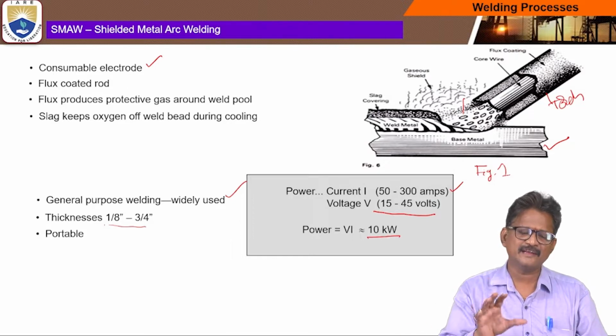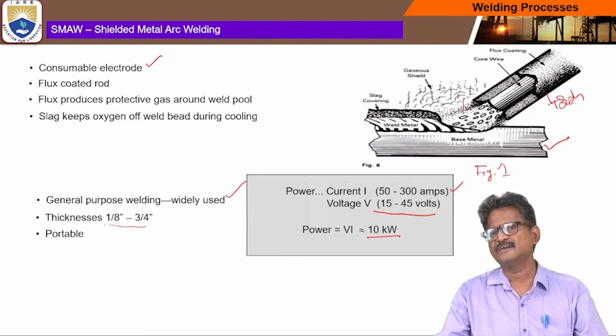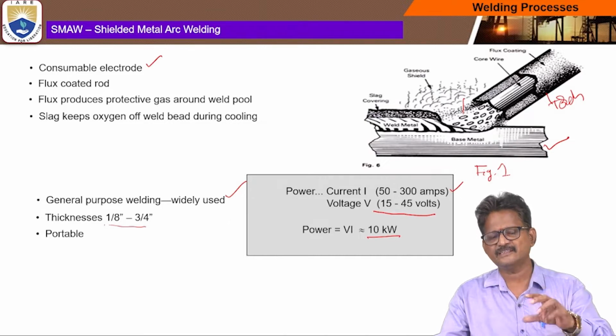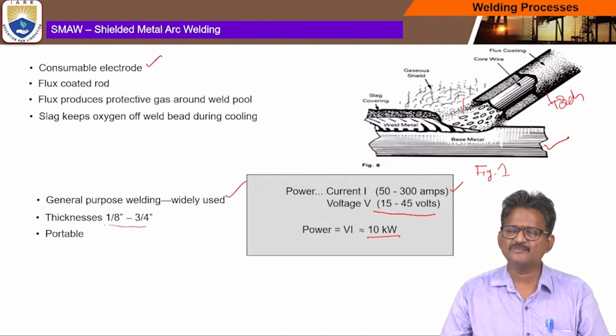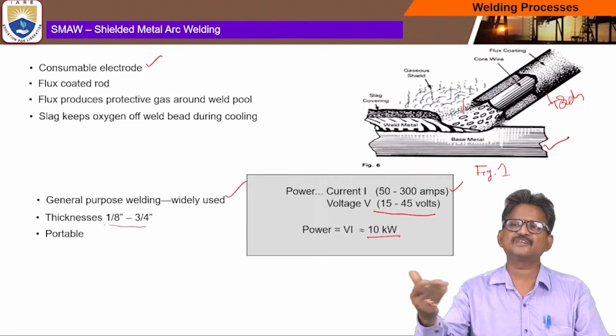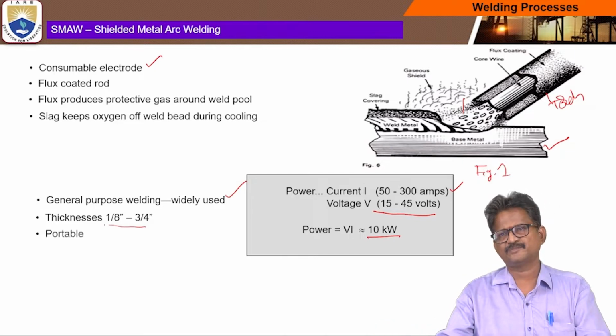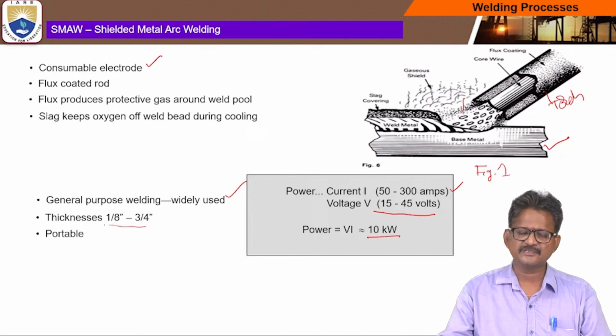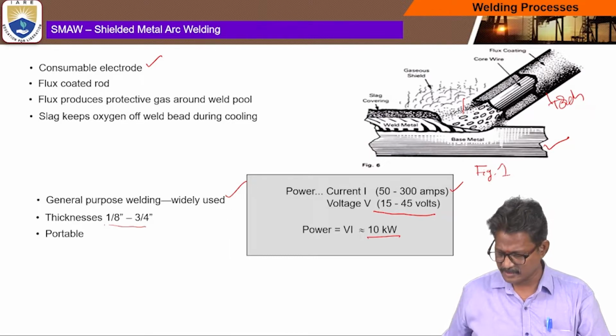These were some highlights of shielded metal arc welding. The student should write these points, remember and understand them, and be able to present them in the examination. So this is all about shielded metal arc welding.